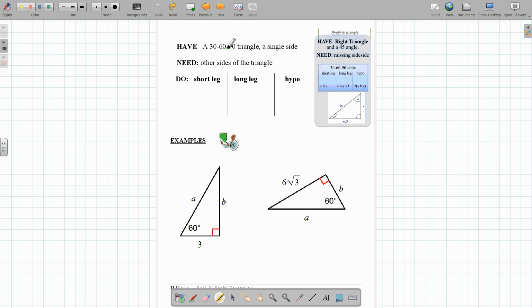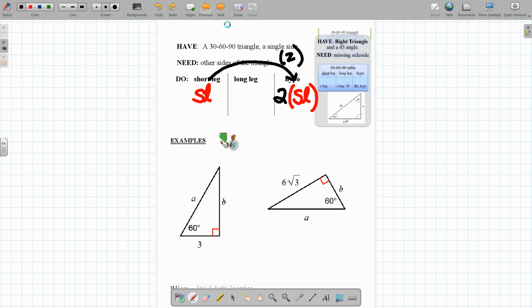Let's see if you understood the pattern. The first pattern was this. Whatever the short leg is, I'm going to call it the SL, short leg. The hypo was twice. From the short leg to the hypo, you times by 2.